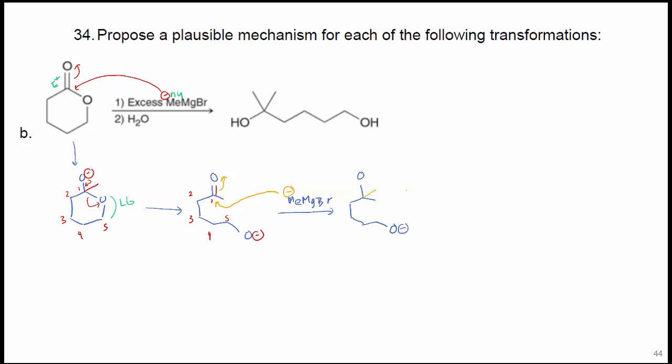So I have the second methyl group here. Then there's an O minus. I get a proton transfer with the water that's present. So both of those negative charges can pick up that water.